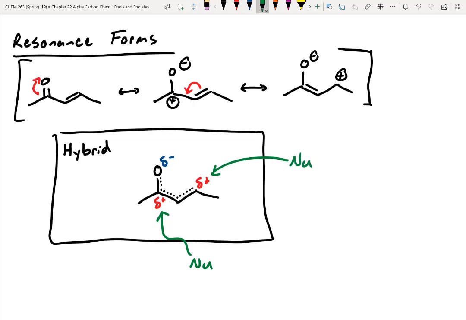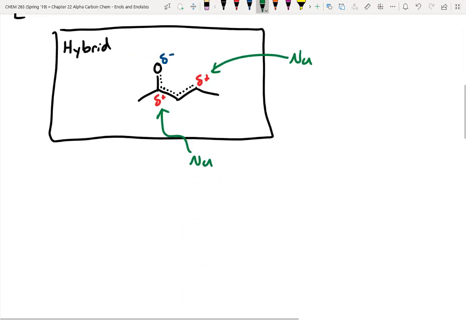So conjugated systems have unique reactivity in this case. The nucleophile has an option of either adding to the carbon underneath the oxygen, because that's electrophilic, or that carbon in the beta position, because that's also electrophilic. The reality is it gets a bit complicated knowing which site will be attacked, but I'll try to get you there so that we can predict it with more ease. Does that make sense? All right, so the general guidelines.